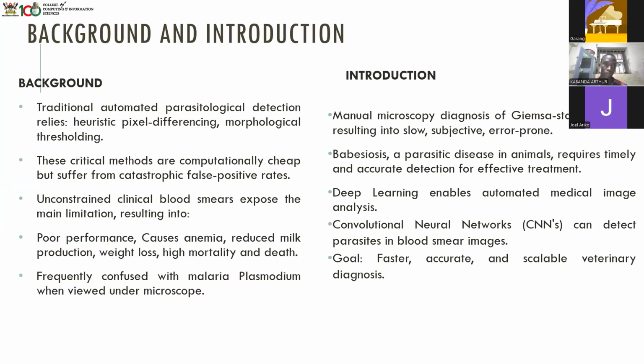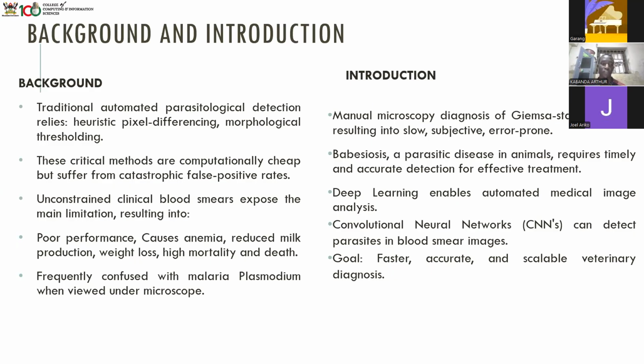With the background, traditionally, automated parasitological detection relies on two things: heuristic pixel differencing and morphological thresholding. Heuristic pixel differencing is used by veterinary doctors to compare the color and brightness of the pixels, to find the different areas that might be infected with the parasite.